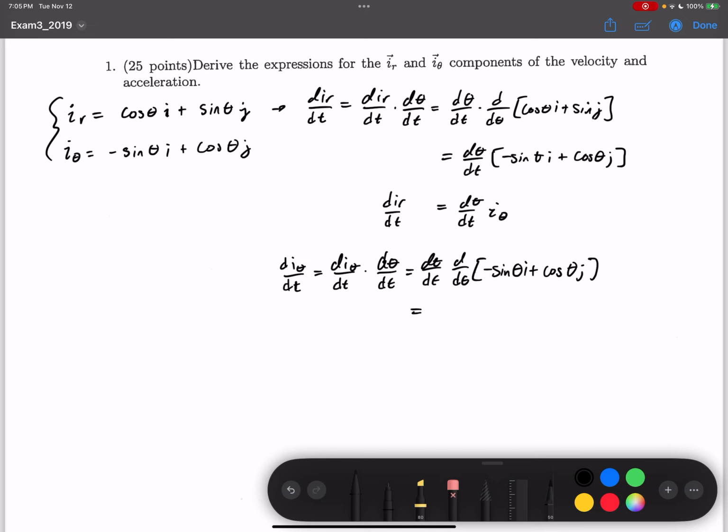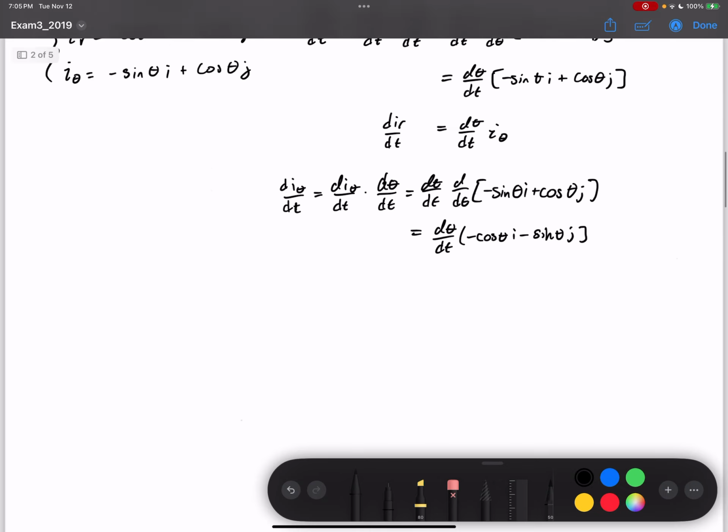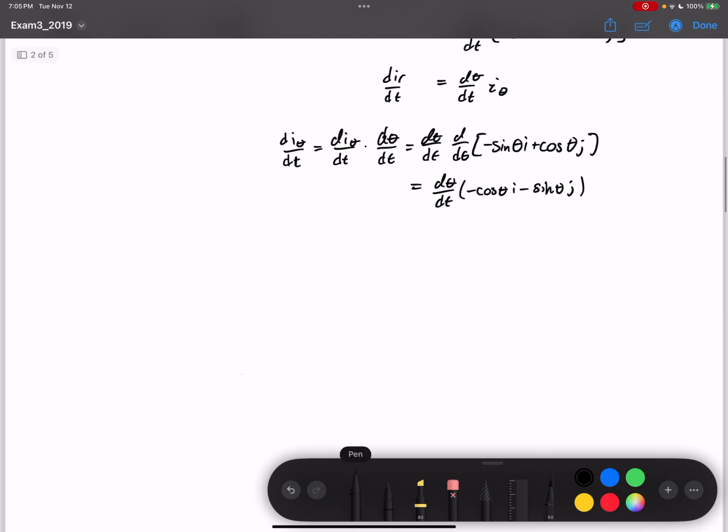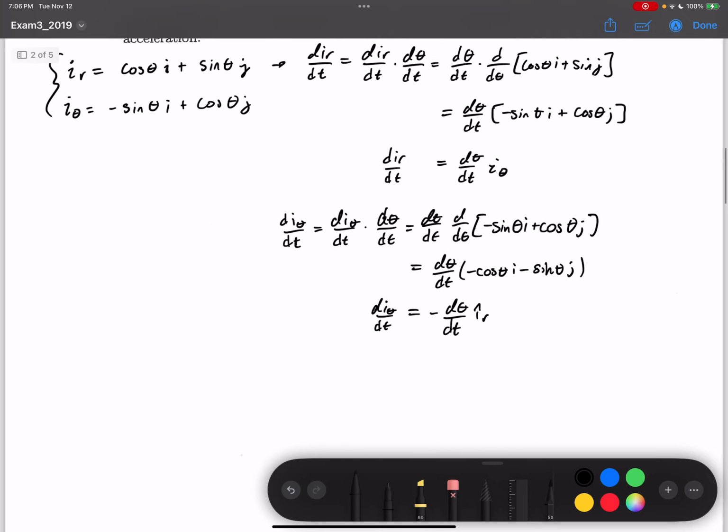And we end up having d theta/dt times negative cosine theta i minus sine theta j. And then we have that di_theta/dt equals negative d theta/dt times i_r. So those are our derivatives there. Perfect. We'll use those in a second.